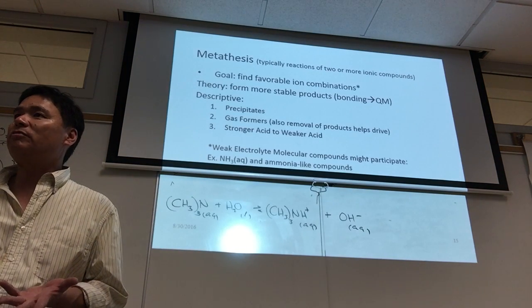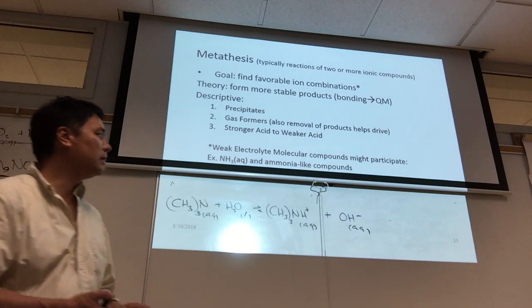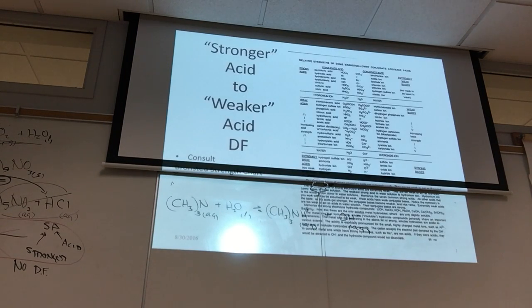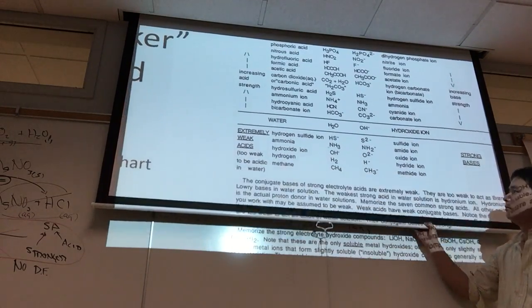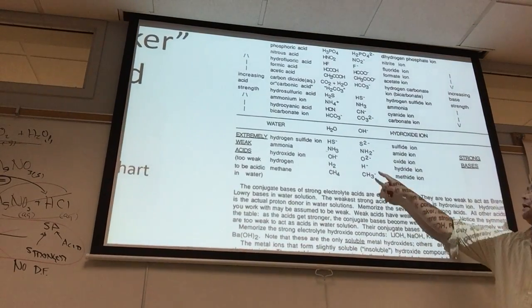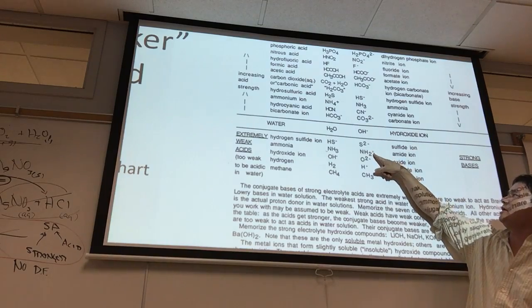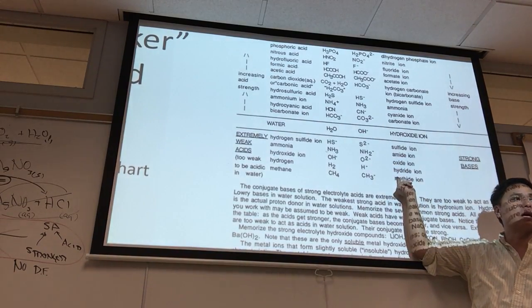So you heard of the leveling effect of strong acids, right? Well, what do you think about the leveling effect of strong bases? It's the same thing. There's going to be a leveling effect of strong bases because all these will hydrolyze water completely to form hydroxide.